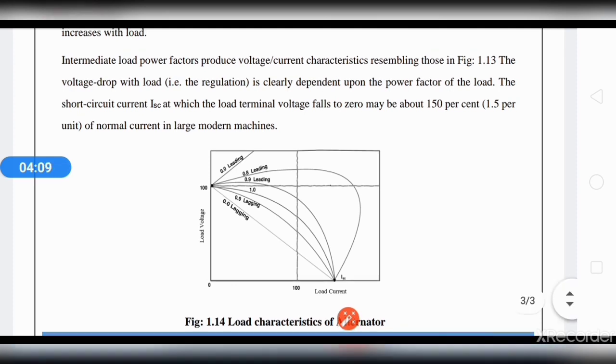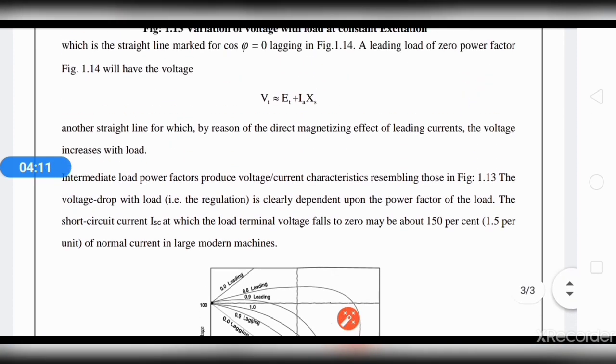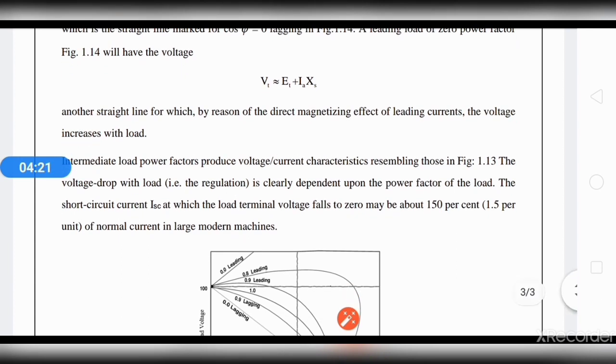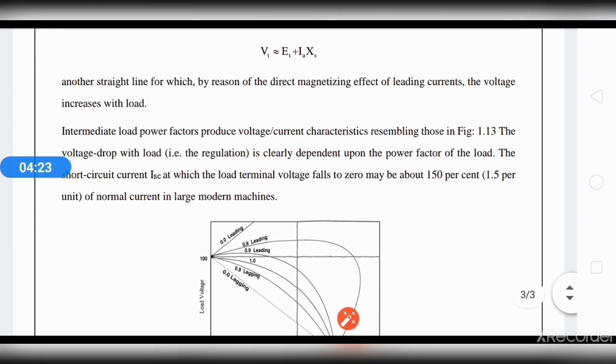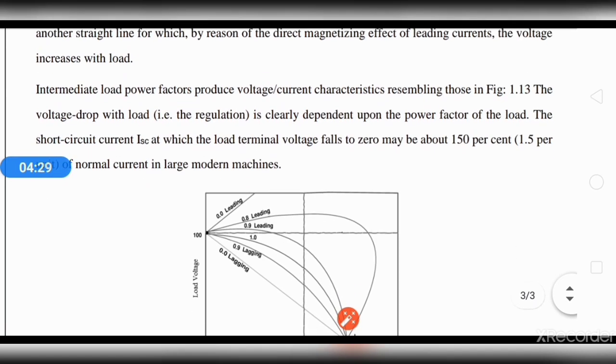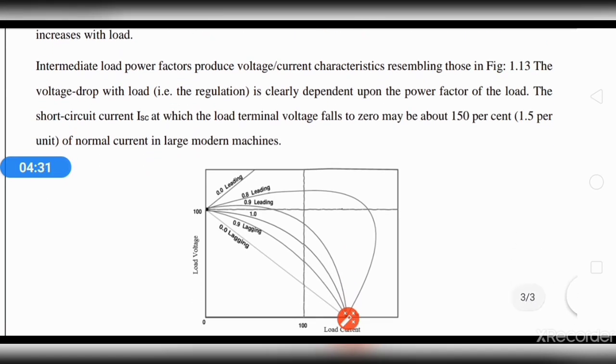We can see from this figure that it is another kind of straight line, which by reason of the direct magnetizing effect of leading current, the voltage increases with load. An intermediate load power factor produces a current versus voltage characteristic resembling the figure 1.1.